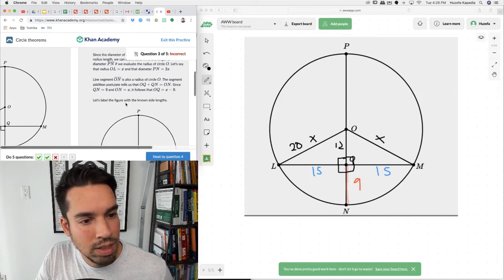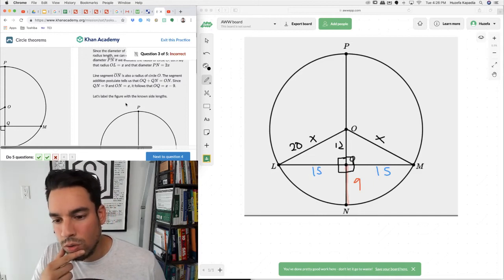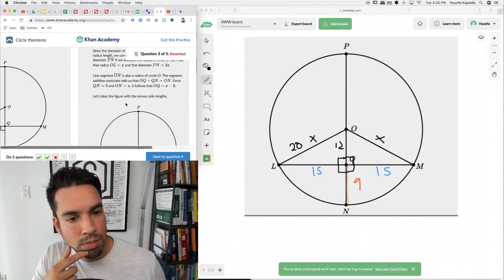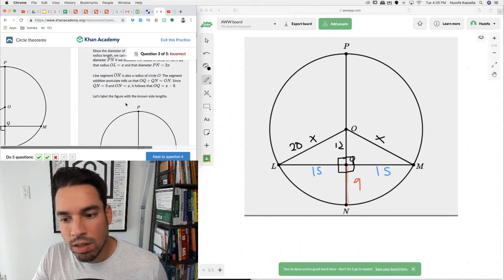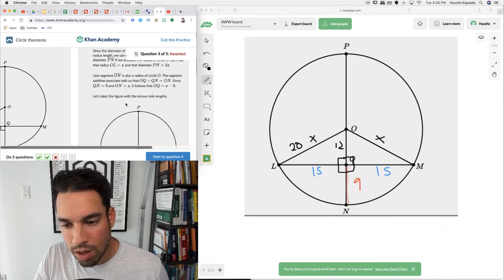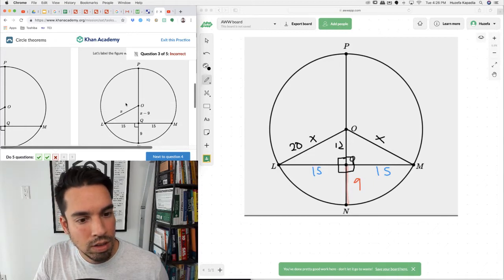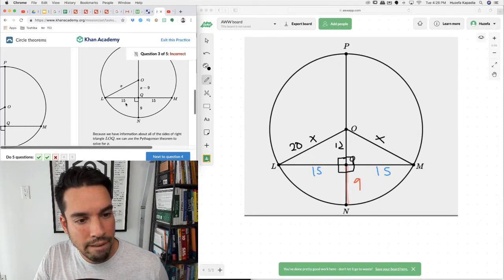The segment addition postulate tells us that OQ plus QN equals ON, right? QN equals 9, and OQ equals X minus 9. So ON is the radius, and yeah, I know that that's X minus 9.